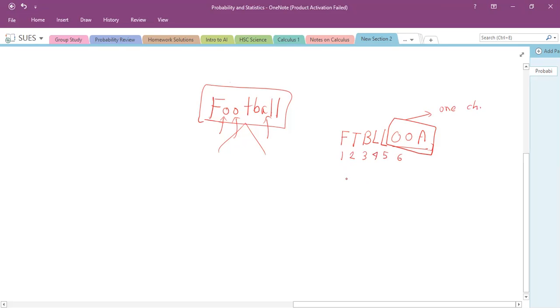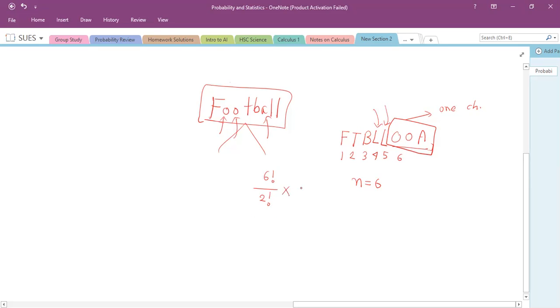So we have six options now, so n is 6, and we write 6 factorial divided by, and here if you see, we have 2 L's, right? If we have a letter twice, we have to divide by 2 factorial. If we had 3 L's, we would divide by 3 factorial.